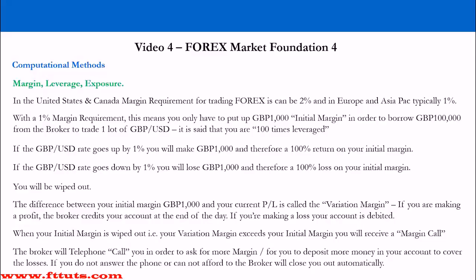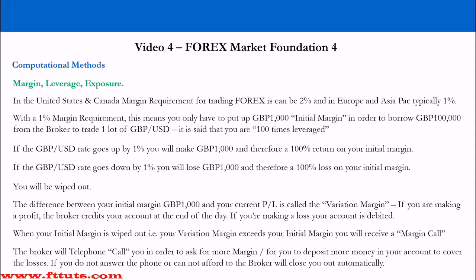So if the cable, sterling US dollar rate, goes up by 1%, you're going to make £1,000 and a 100% return on your initial margin. If the cable rate goes down by 1%, you'll lose £1,000 and therefore a 100% loss on your initial margin. So you'll be wiped out and you'll get what's termed a margin call.